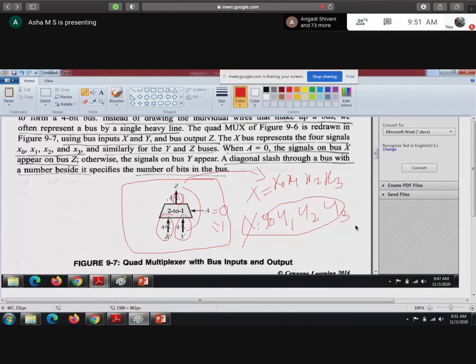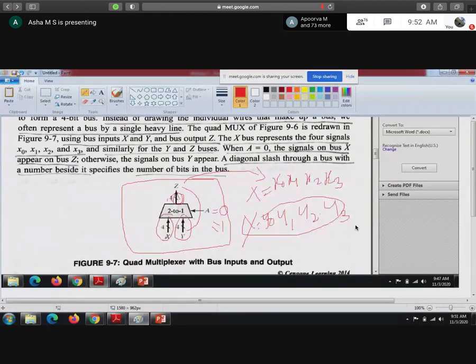Under the bus X we have 4 bits, x0, x1, x2, x3. Under the bus Y we have 4 bits, y0 to y3. Similarly under Z I will have the 4-bit output. So wherever the logic signals perform the same function, they can be replaced by the bus.